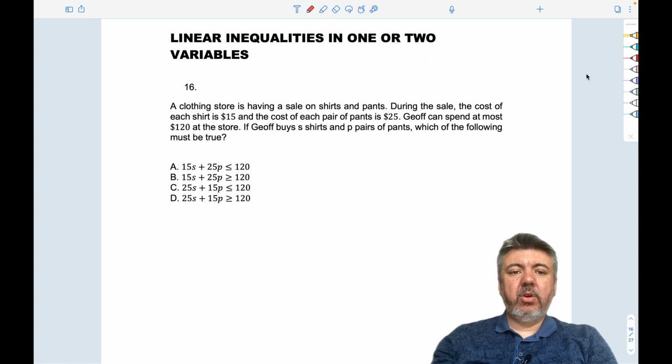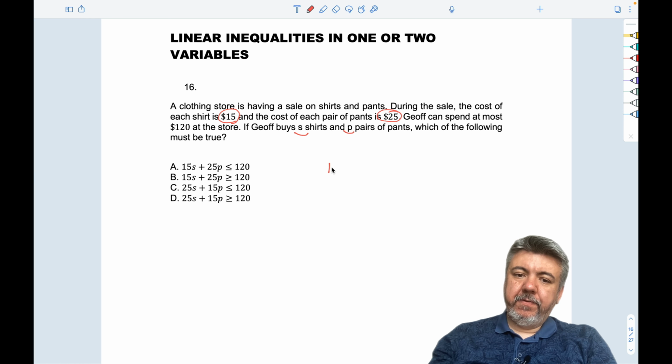Question 16. A clothing store is having a sale on shirts and pants. During the sale, the cost of each shirt is $15 and the cost of each pair of pants is $25. So S is for shirts and P is for pants.